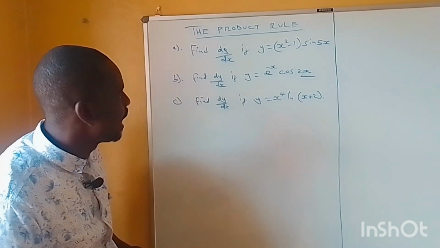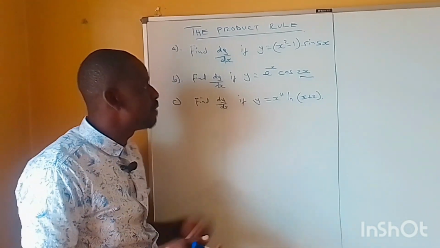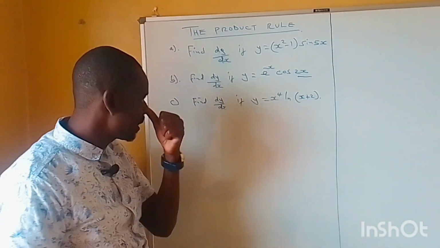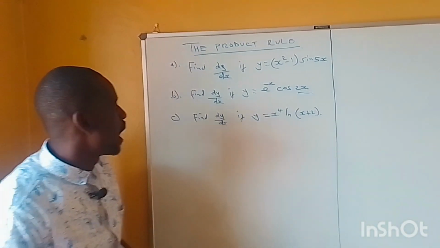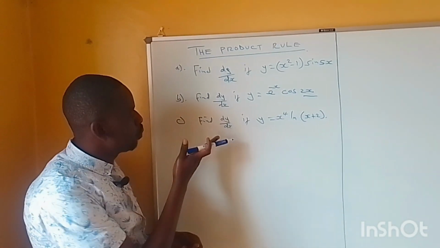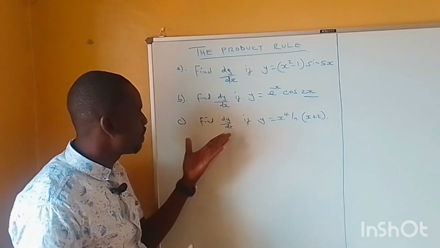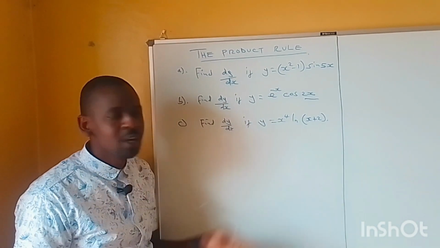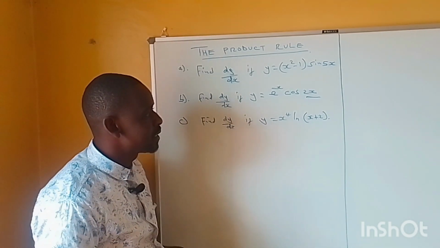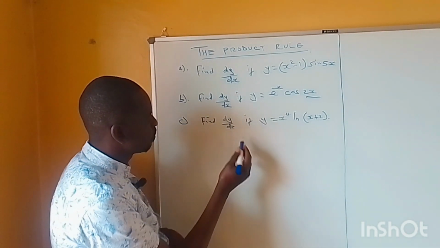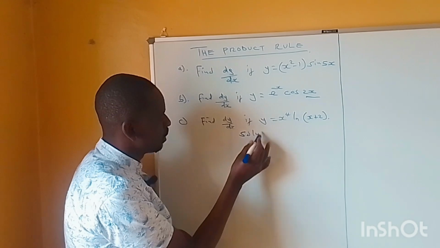Number two, we get dy over dx if y is equal to e raised to negative x cos of 2x. The last one, we are required to determine dy over dx if y is equal to x raised to 4 ln of x plus 2. Solution.